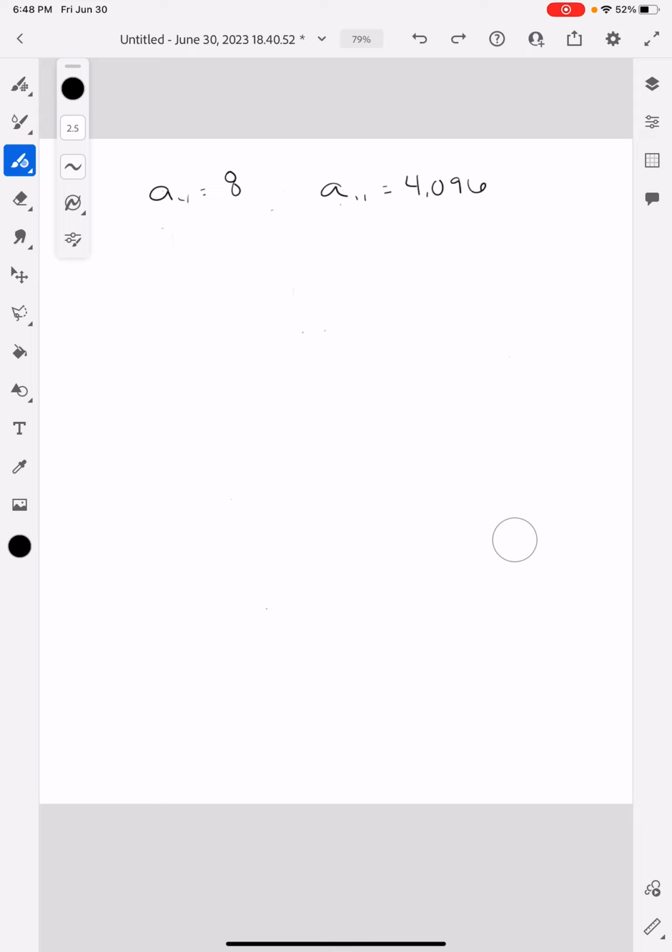So what I'm going to do is work this a little backwards here. I know that if I take the first term and multiply it by the ratio to the n minus 1, so that would be my 4 minus 1 here, so that would be 3, that equals 8.